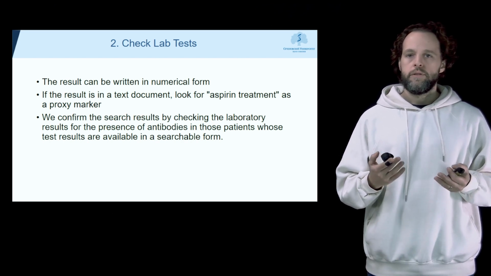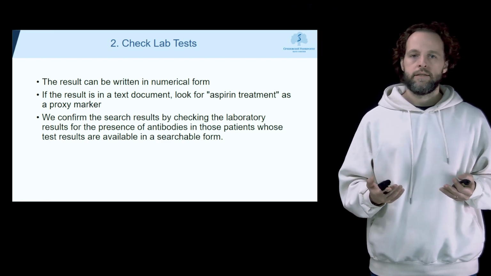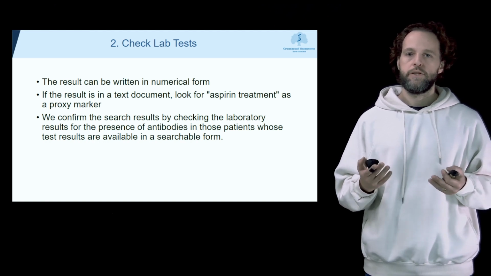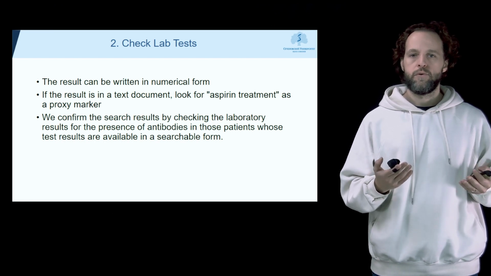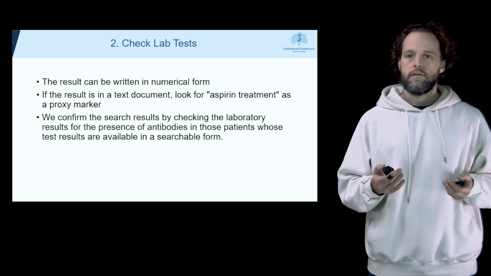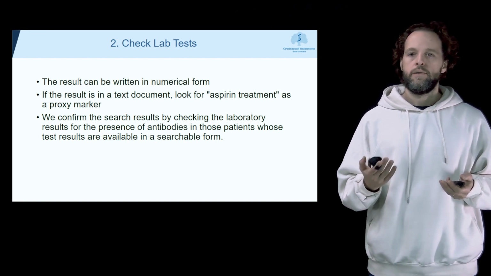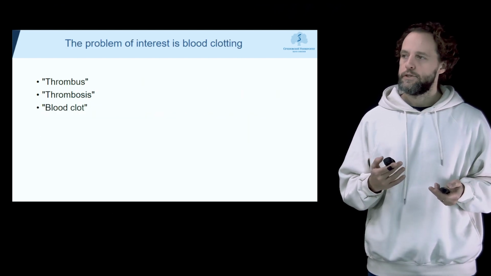And we will need to confirm the search results by checking the laboratory results for the presence of antibodies in those patients whose test results are available in the searchable form. So in the middle of this process, we will need to define the criteria that will allow us to identify the corresponding group of similar patients.